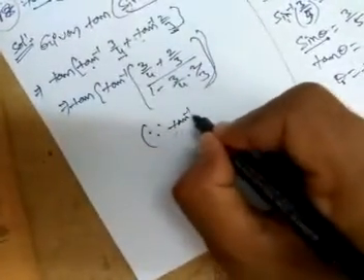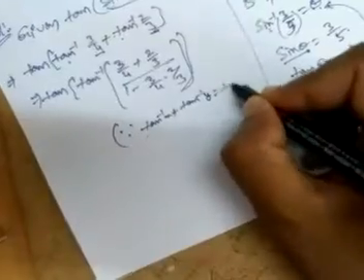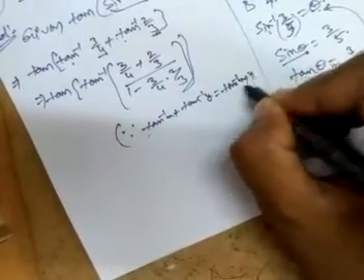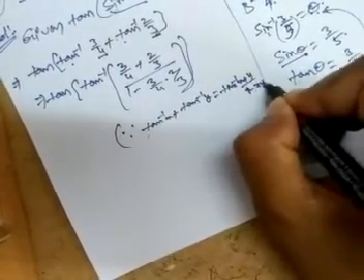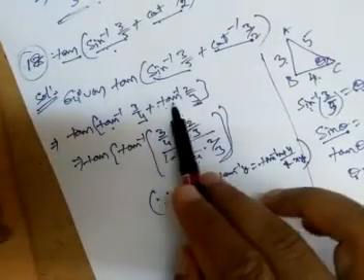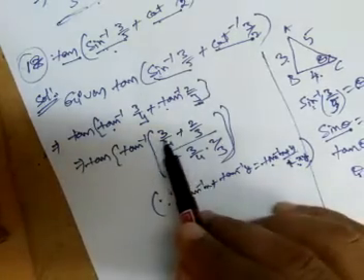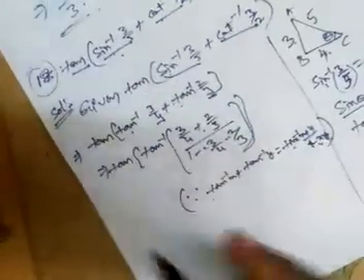We know the formula, since tan inverse of x plus tan inverse of y equals tan inverse of x plus y by 1 minus x into y. This is the formula.